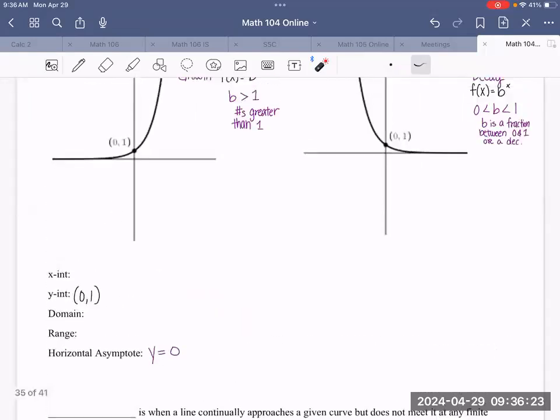So horizontal asymptotes are usually represented with a dotted line. We'll actually thicken that line up just a little bit. It just means we cannot touch, we cannot cross this line. Which means, are we ever going to have an x-intercept?